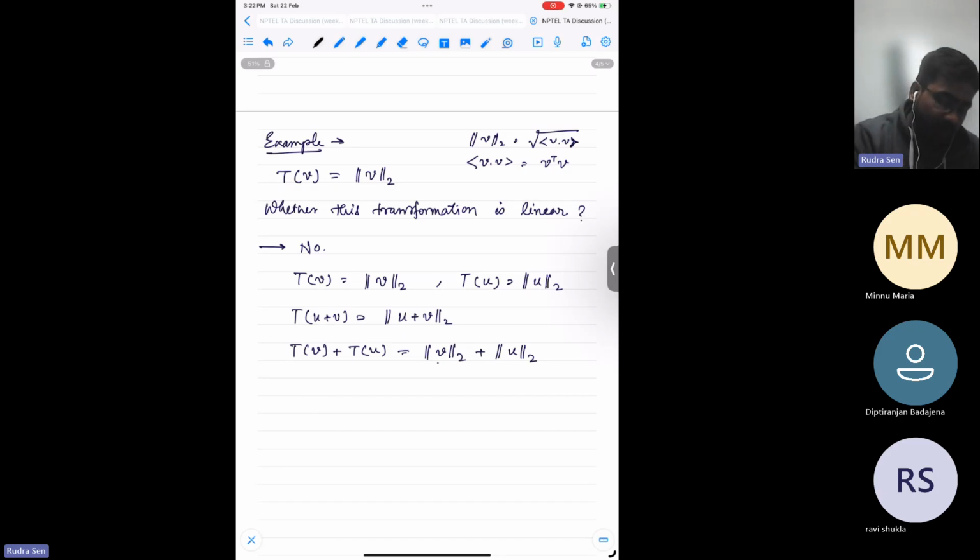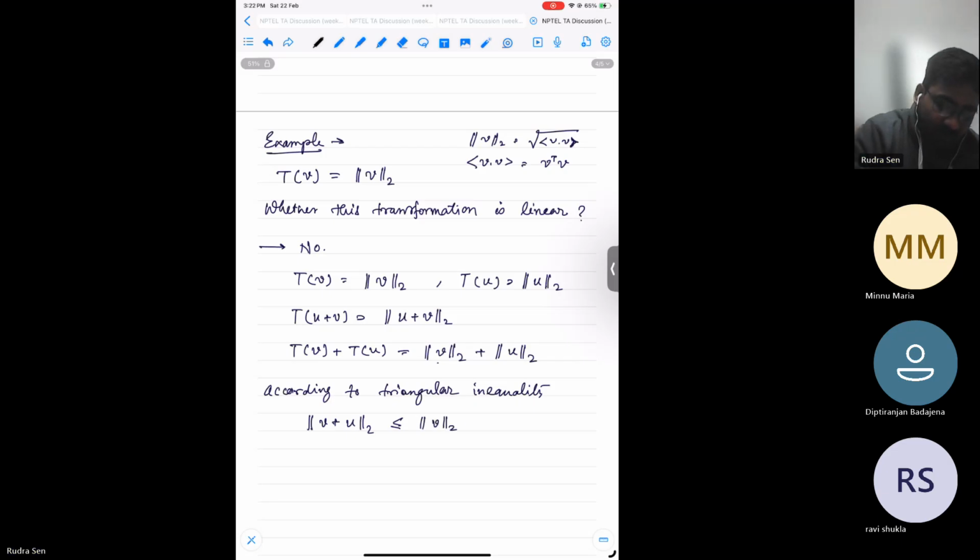But according to the triangular inequality, this is less than or equal to something, but for linearity it should always be equal.